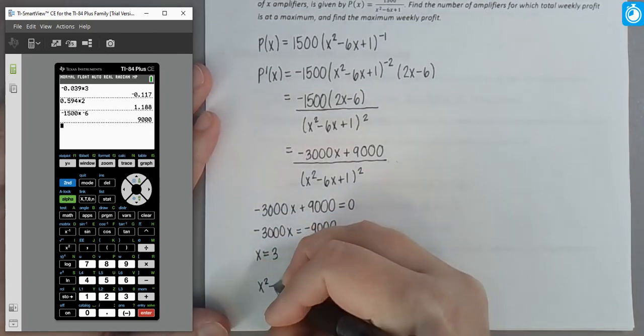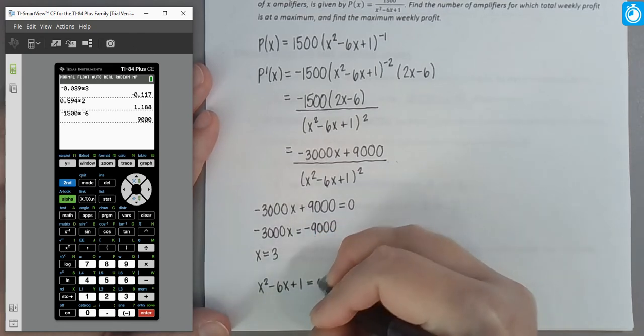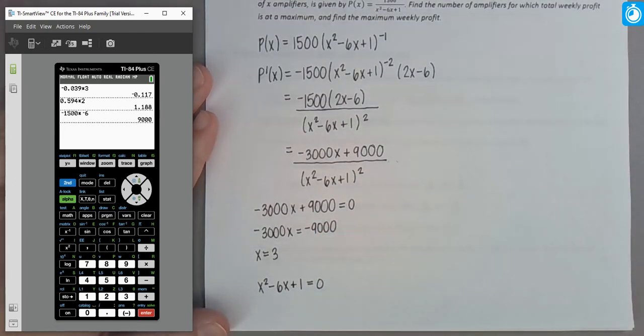So x squared minus 6x plus 1 is equal to 0. What would make that 0? Ideally, I would try by factoring if I can. I'm looking for numbers that multiply to give positive 1 and add to give negative 6, and there aren't any numbers that do that. So factoring is not going to be a good option here.